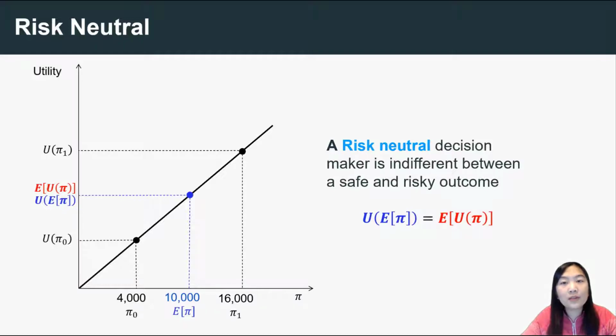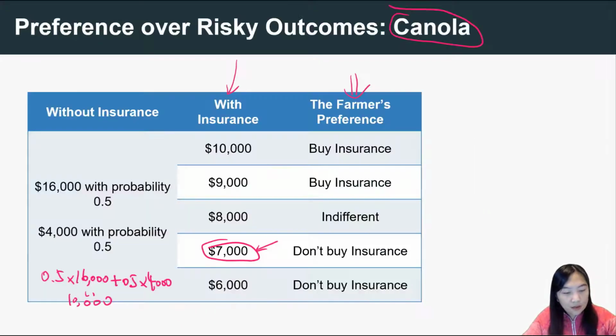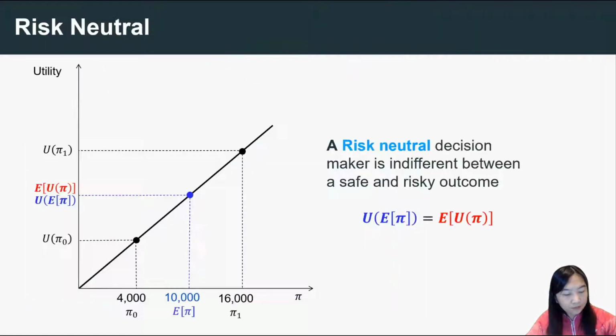Think of the risky outcome as what we have shown in this table here. This without insurance is a risky outcome: half chance is 16,000, half chance 4,000. However, a safe outcome is here, with insurance. Those are the safe outcomes. So a risk neutral person is indifferent between safe and risky outcomes.